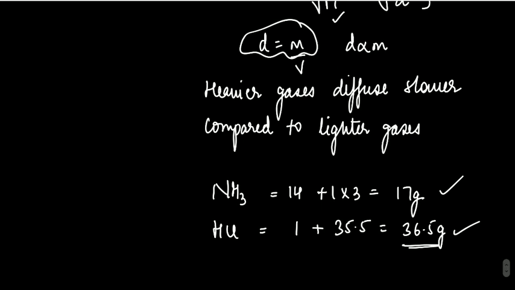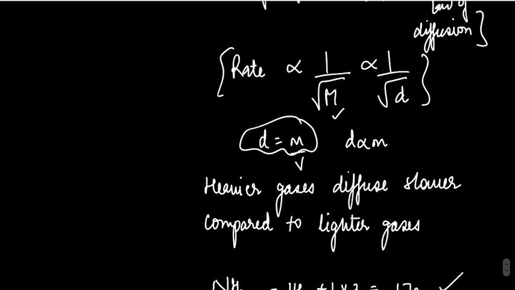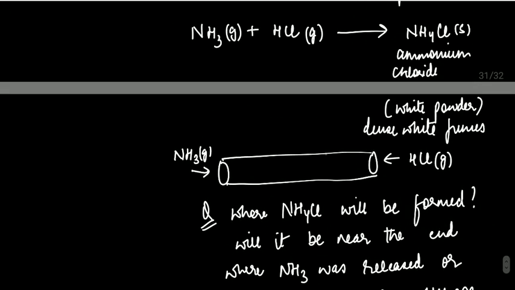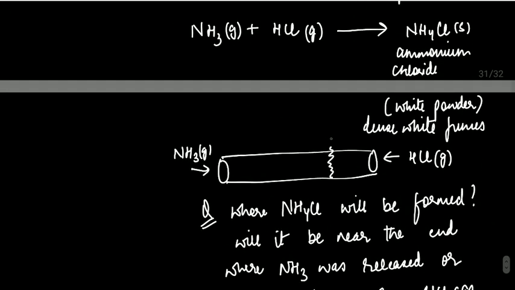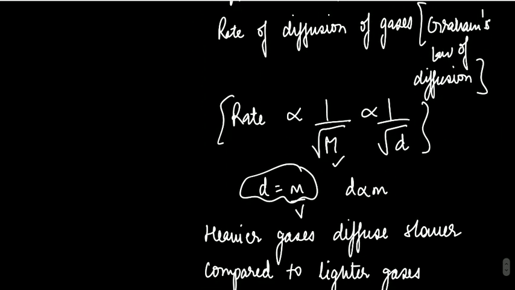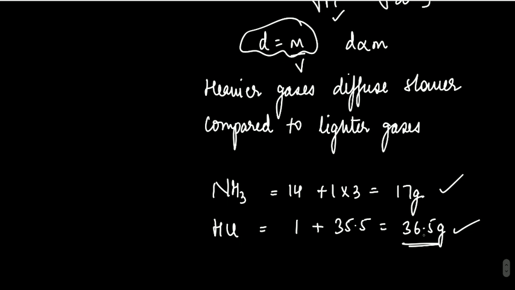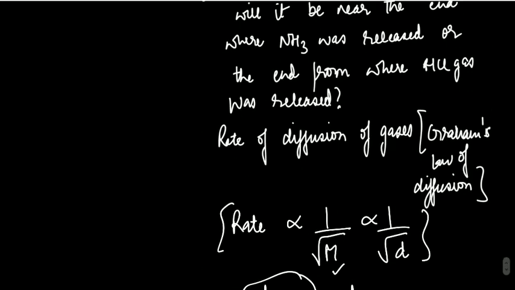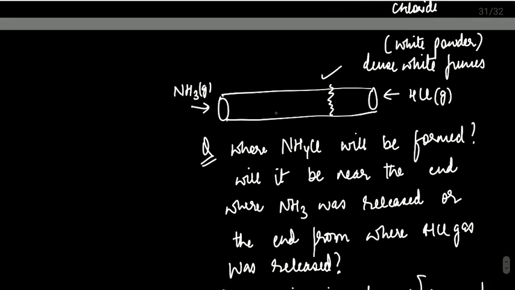The answer over here is going to be near to HCl. Why is that? Because ammonia is lighter comparatively to HCl. HCl being heavier won't be able to diffuse faster, but ammonia being lighter can diffuse faster. So definitely it will cover more area.